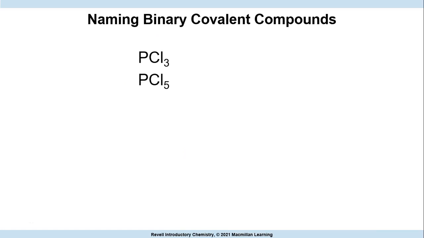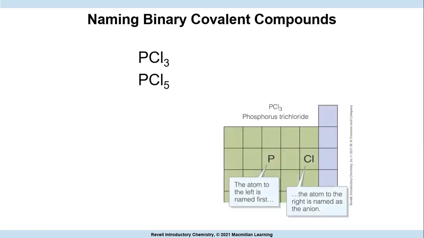Now, let's name these binary covalent compounds. Binary means 2. So this is a covalent compound that is made up of 2 atoms, phosphorus and chlorine. So how do we name these compounds? We have PCl3 and PCl5. How do you name these compounds? So, let's start. On the periodic table, the atom to the left is named first.